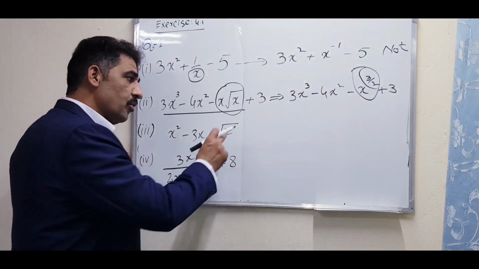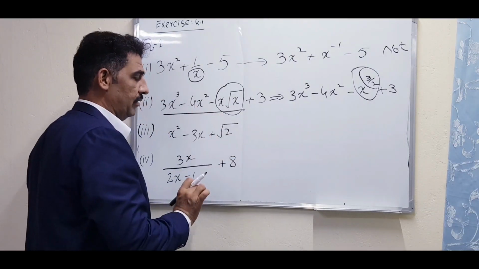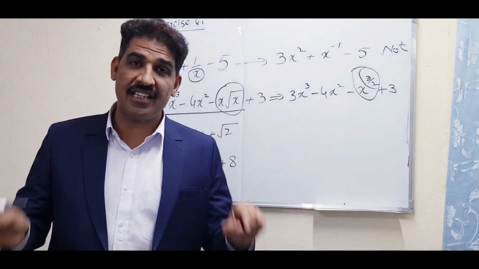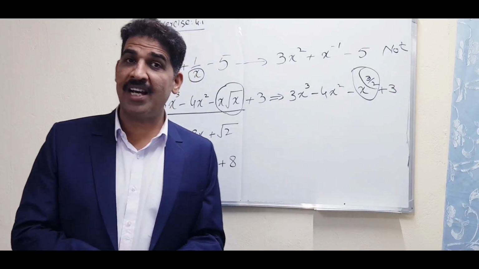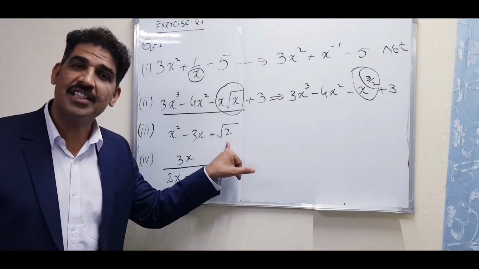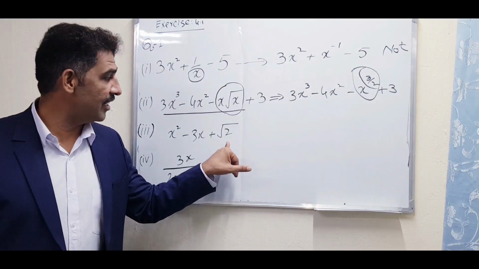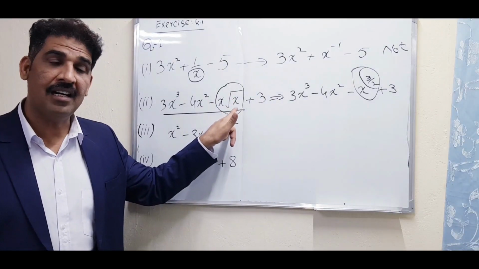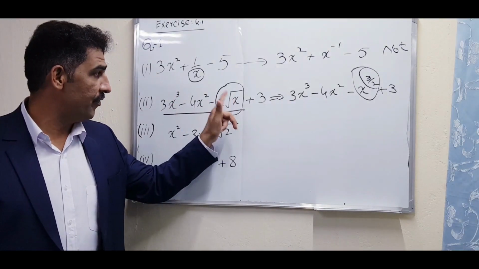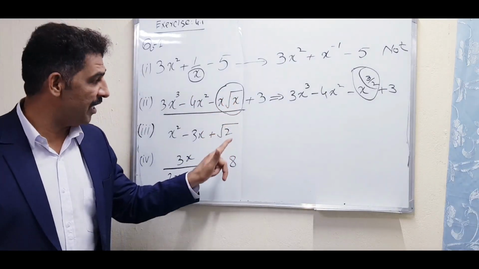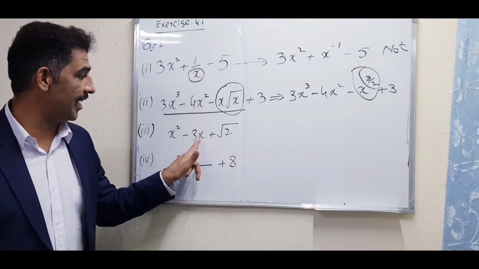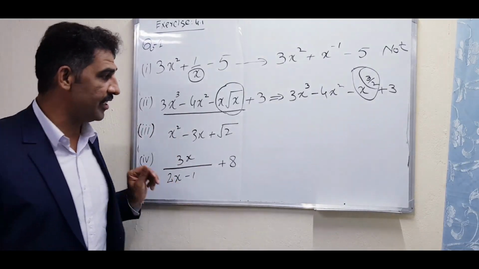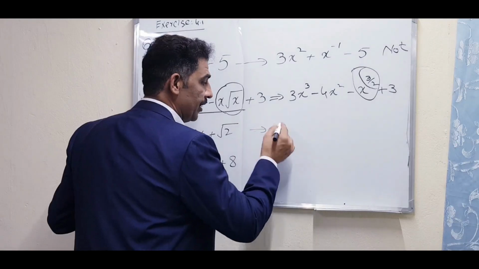This root 2 is not an integer, it is a rational number. But the condition is applied on the variable, it will not touch the constant. Here, if the variable had the power 1 over 2 or a rational number, it would not be a polynomial. Here, x has power 1 and x has power 2. So this is a polynomial.